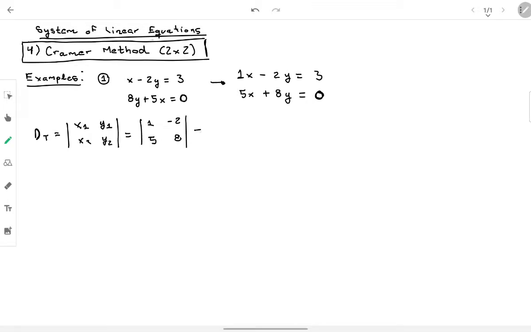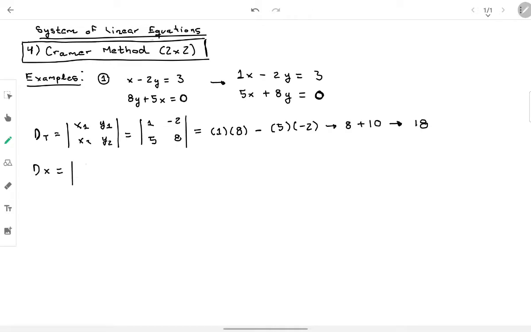And remember, to obtain it, it's going to be a cross multiplication. 1 that multiplies 8, that's the positive part. The negative part is going to be 5 that multiplies minus 2. So it's going to be 8 minus, multiplied by minus, it's plus 10. So the determinant of the whole system is going to be 18. Let's obtain the determinant of x.